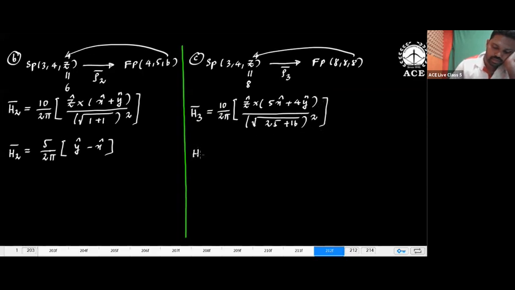So here H3 is equal to 10 by 2 pi into 1 by 41 into 5y cap minus 4x cap. That is the story.